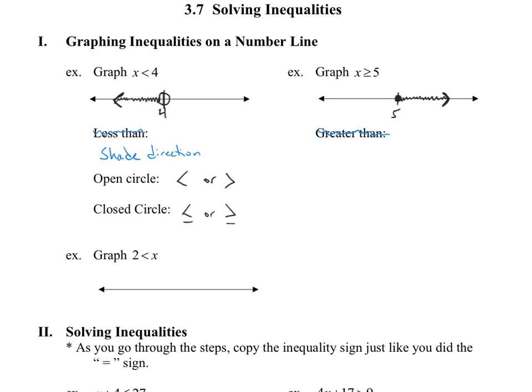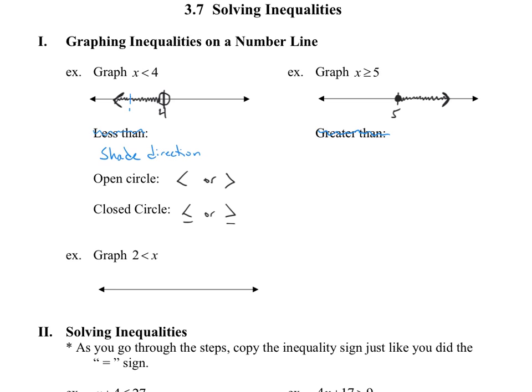The easiest way to do this is, in the first example, pick a number that works. Instead of x, pick a number that works. X is less than 4. What number works? 1 works. Where would 1 be on the number line? Would it be to the left of 4 or to the right of 4? It'd be the left.